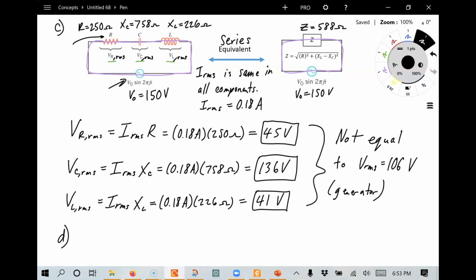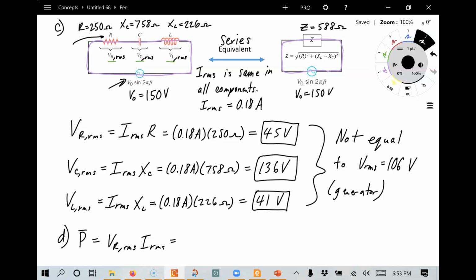So when we calculate the average power that is consumed in the RCL circuit, if we're going to use the power equals voltage times current formula, we need to be sure that we only use the voltage across the resistor. And so we can go ahead and calculate the average power like that.